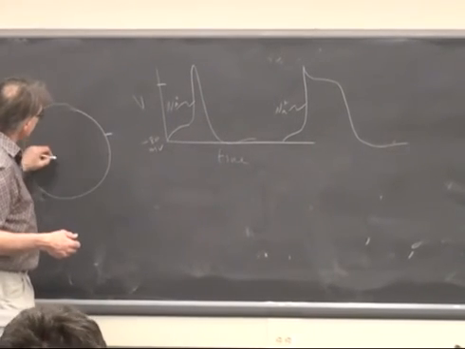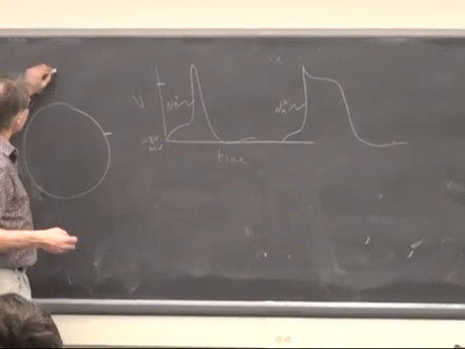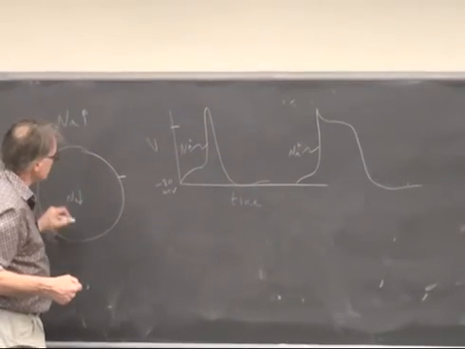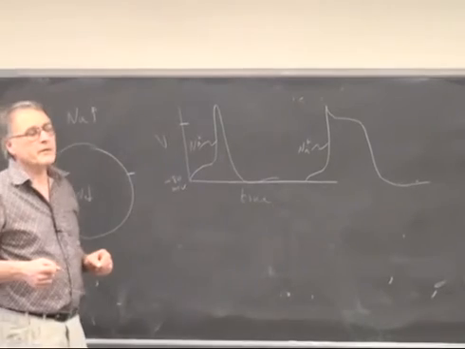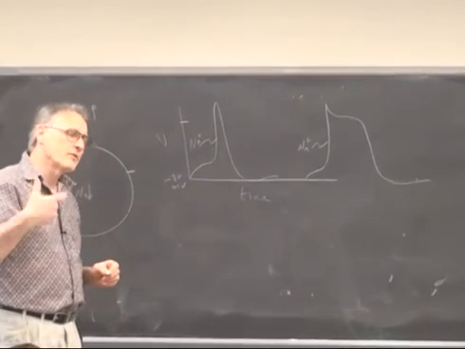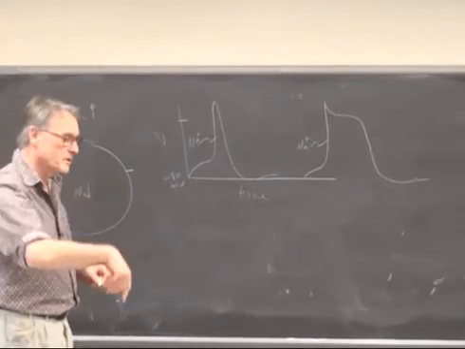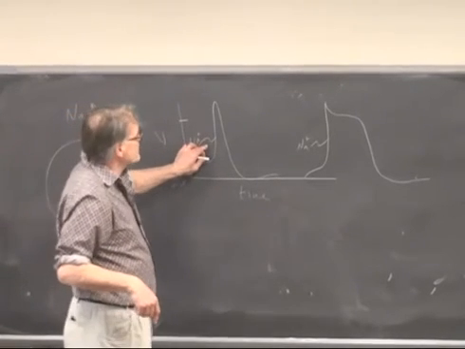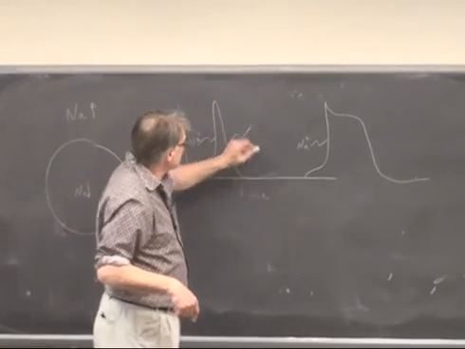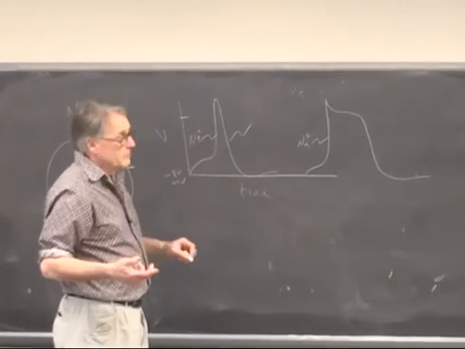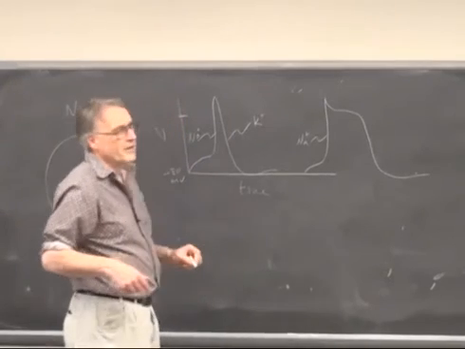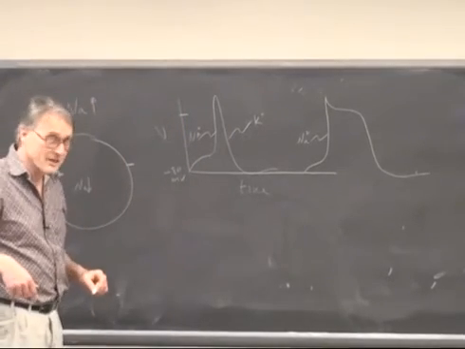So if we have a cell, there's a lot of sodium outside and not much sodium inside, which produces a battery. The gradient of the sodium tends to push sodium into the cell. Upswing is carried by sodium ions. The downswing is caused by potassium ions recharging or making the membrane capacitor more negative.